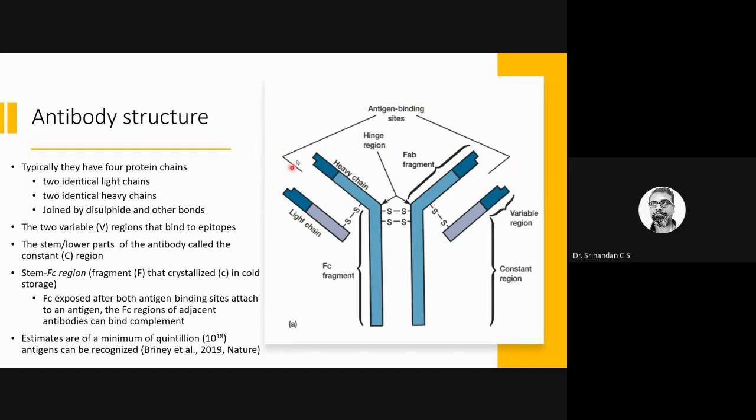Different antigens, because as I told you during the class on microorganisms, microorganisms are around 10 to the power 30, and there is a very huge diversity of bacteria.